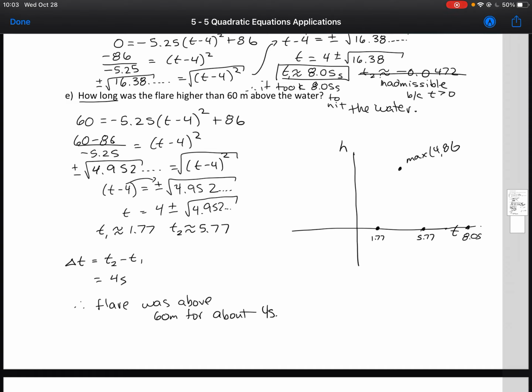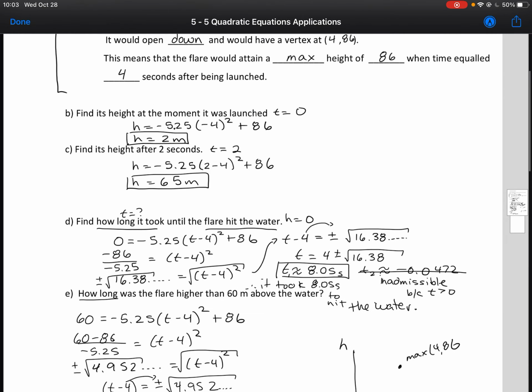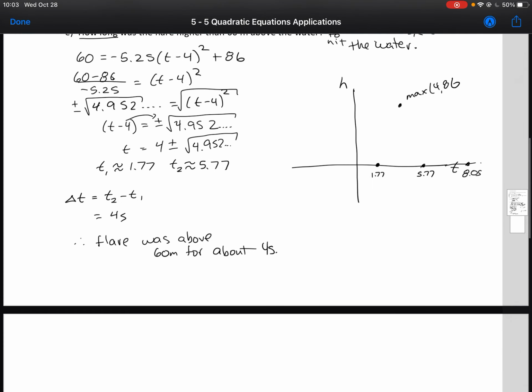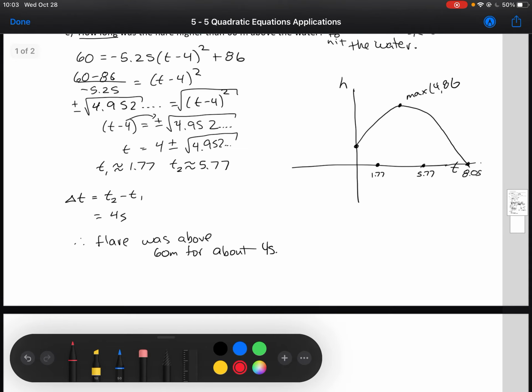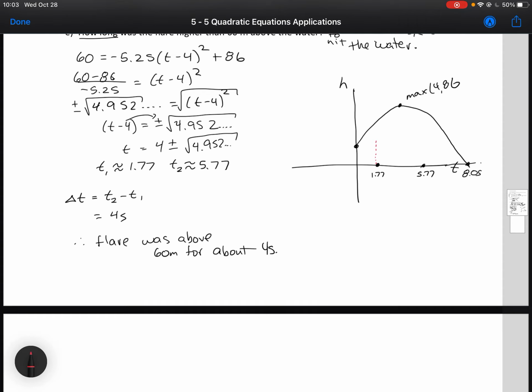Just labeling some points here for accuracy. And I know that at t equals 0, my height is 2 meters. So my parabola is doing something like this. Okay. What these 2 points here, the 1.77 and 5.77, show, is that if I go up here, this is at 60 meters.